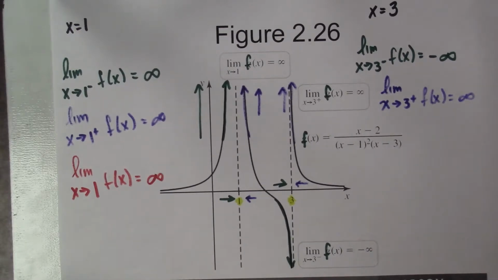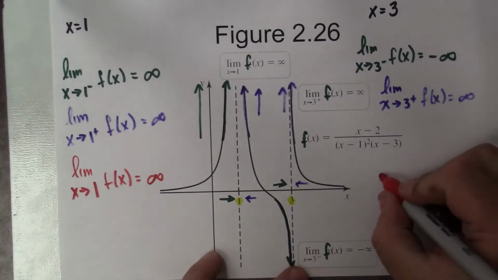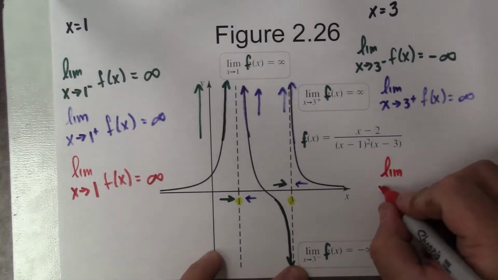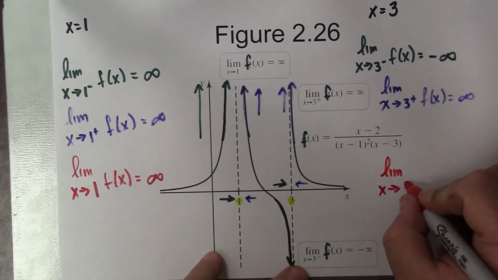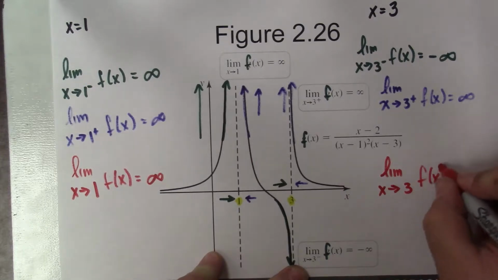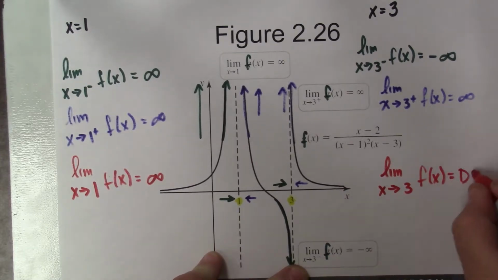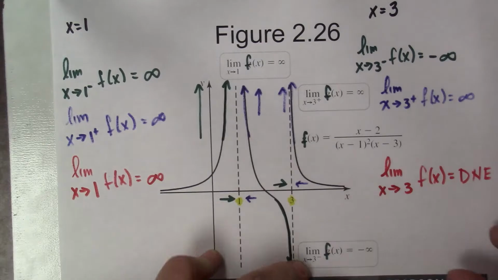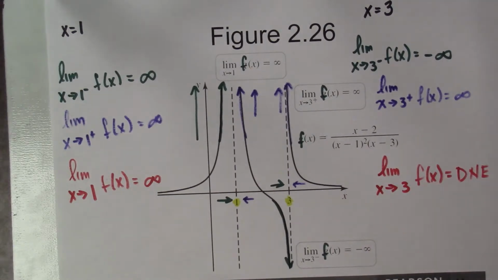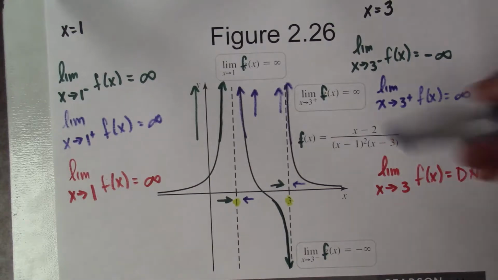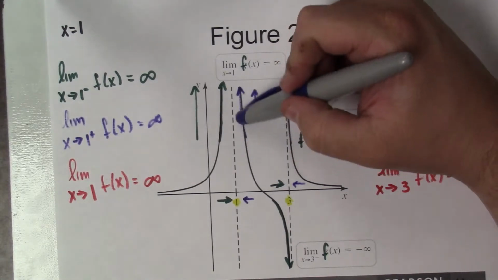So here, just as before, because these two things are not precisely the same, we can say that the limit as x goes to 3 does not exist.